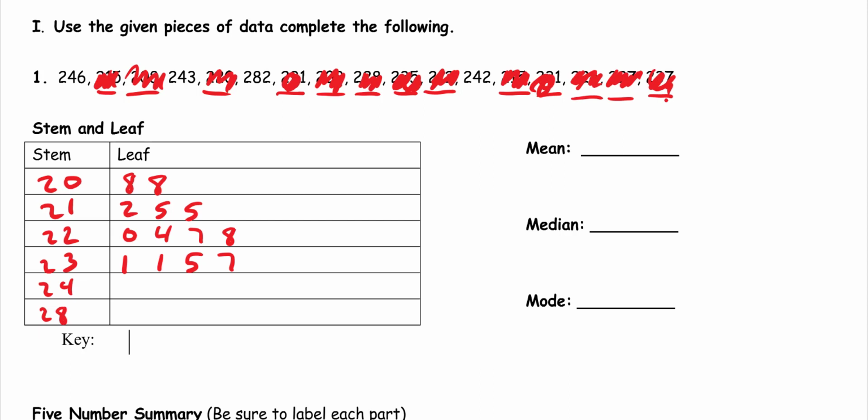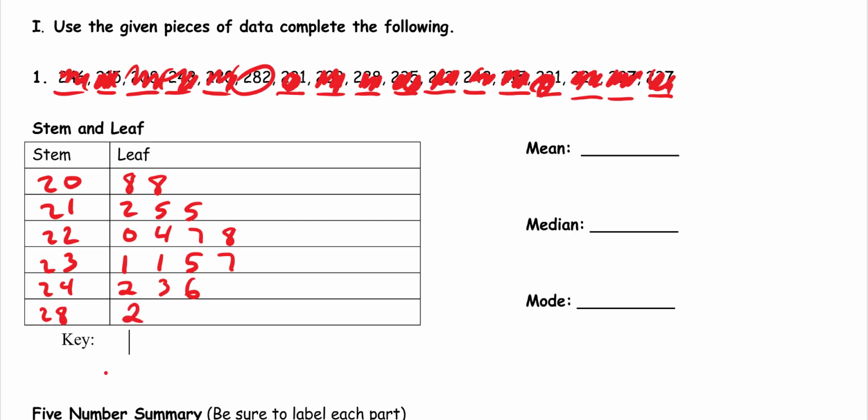And then I've got the 240s: 242 here, 243, 246. So we've got 242, 243, and 246, and I can cross those off. I really have just one number left, 282.